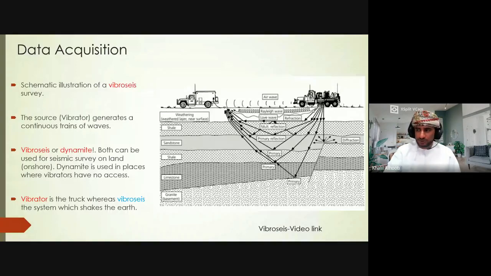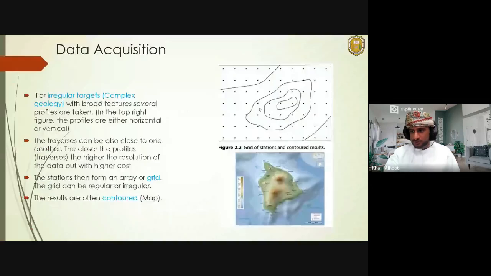And those waves will interfere with our recording, with the signal we measure. That's what we call random noise. It might be happening at some point in time and might not be happening at another point in time. Whereas multiple reflections will always be there.